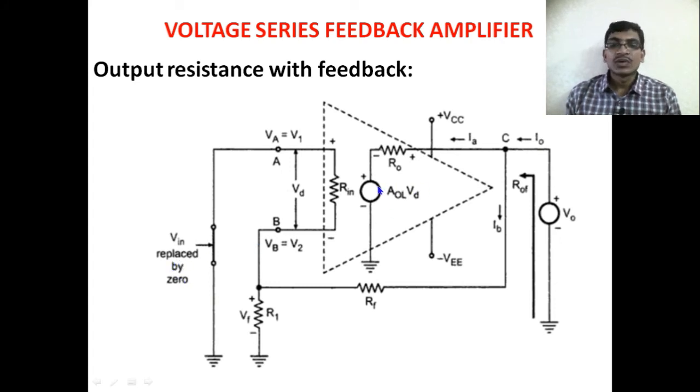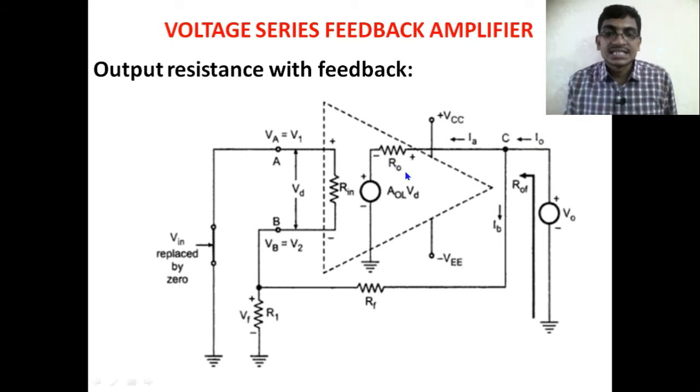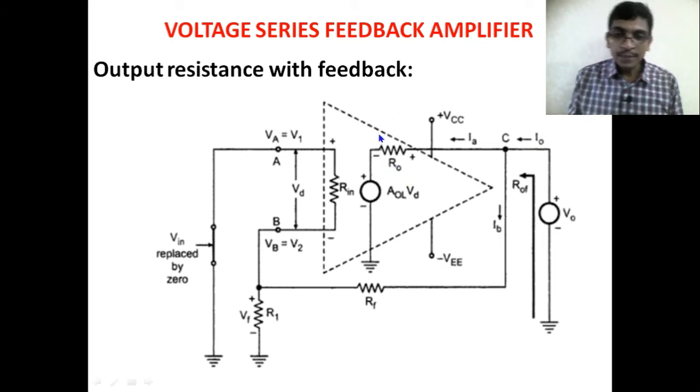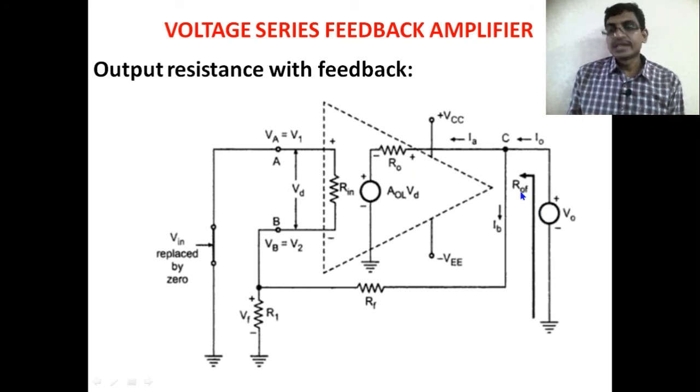At this time, we have replaced the dependent source AOL VD, which is the Thevenin's equivalent voltage, and R0 is the Thevenin's equivalent resistance, the output resistance here. R0 is the output resistance without feedback and ROF is the output resistance with feedback, and V0 is the output voltage and I0 is the output current.